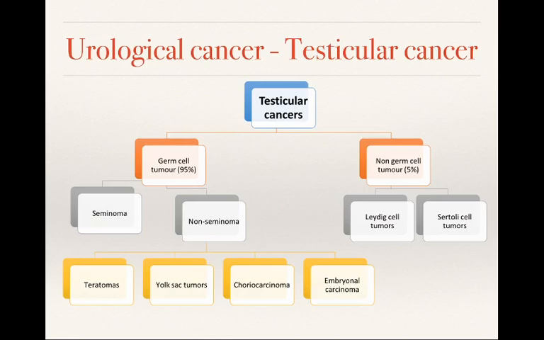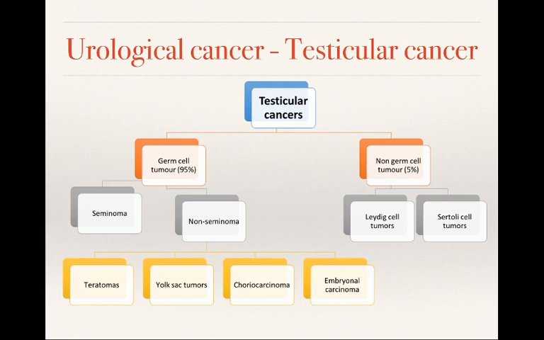Now, testicular cancers. So, it is important to have a basic understanding of the different types of testicular cancers. So that's why I've created this little diagram which hopefully helps to illustrate the different types. So, 95% of the time, testicular cancers are germ cell tumours. Germ cell tumours are then divided into seminoma and non-seminomas.